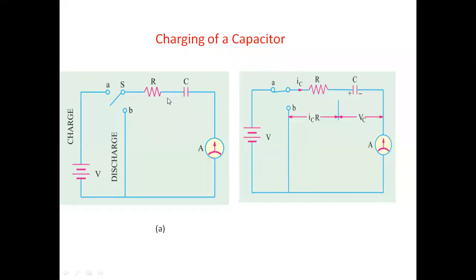Now the voltage across the capacitor, VC, is equal to V into (1 minus e power of minus t by lambda).